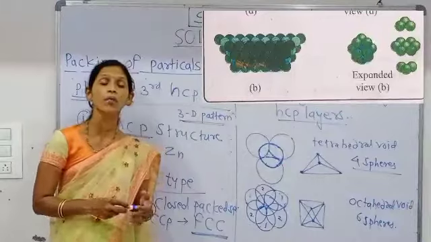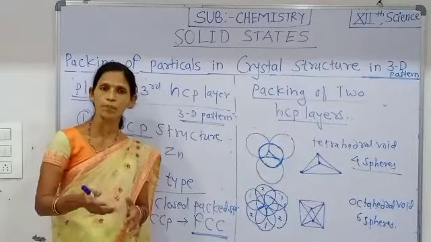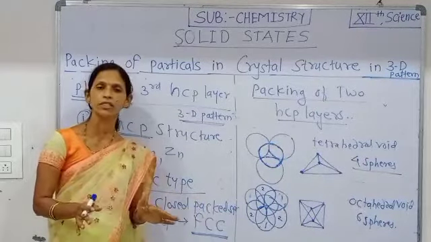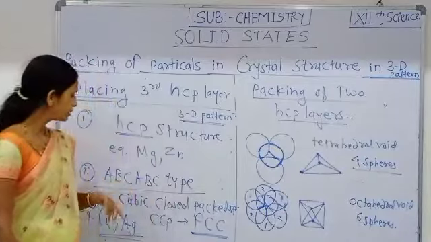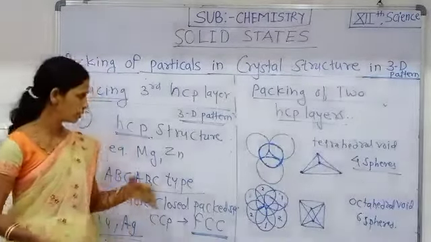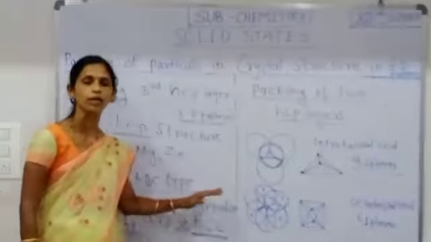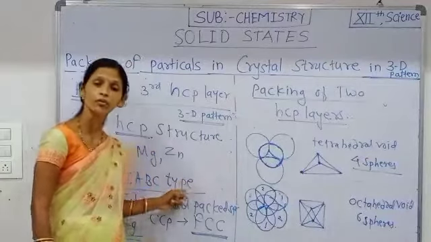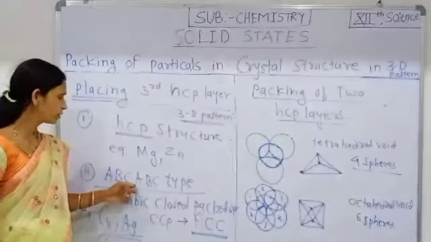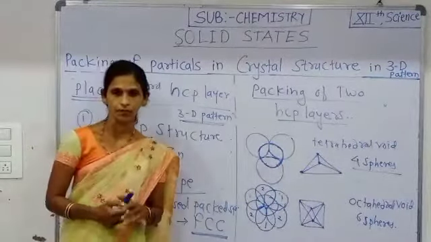That is about the packing of the spheres in three-dimensional arrangement. Then see here, the efficiency of the packing of the spheres increases in the ABC type of pattern, and therefore the coordination number of CCP is 12.